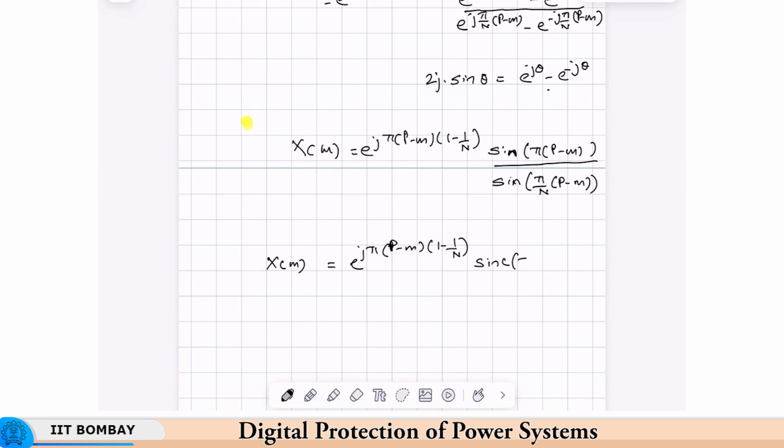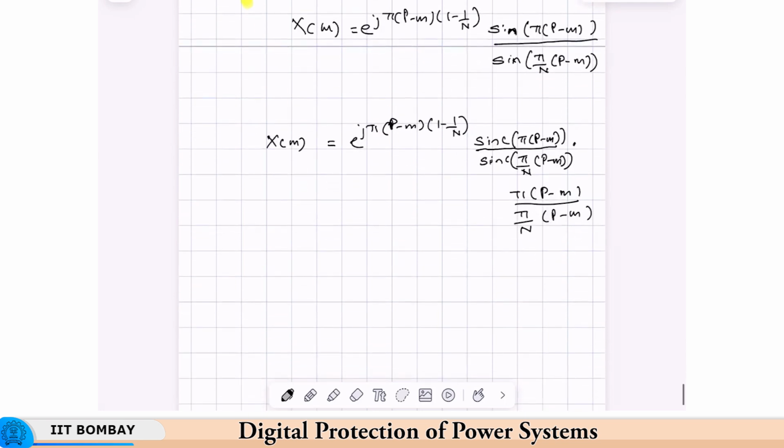This is the sinc function, it is not sine. You may be aware of it, and even if you are not, we will see it very shortly. I will just write this expression and then this into this number. So, this is basically what is sinc x.